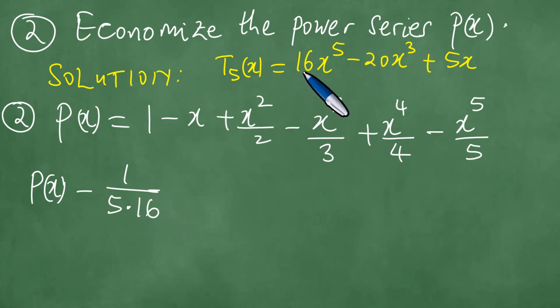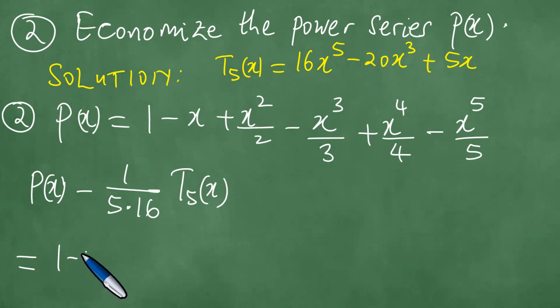Multiply it by 1 over 5. So T5. Right, so we have these. So we multiply this one by the 1 over 5 like that. So what does it become?